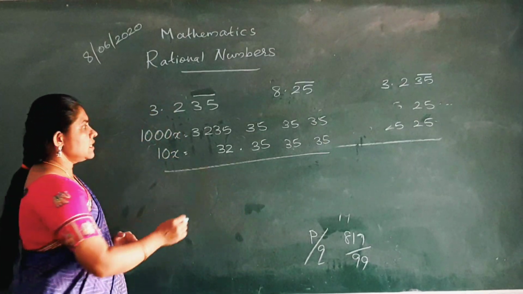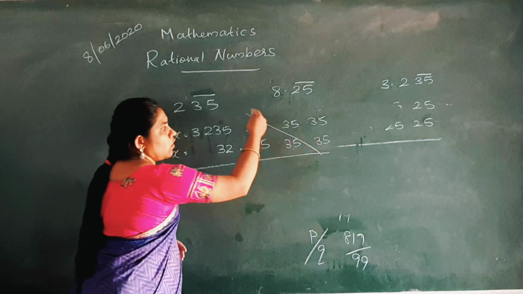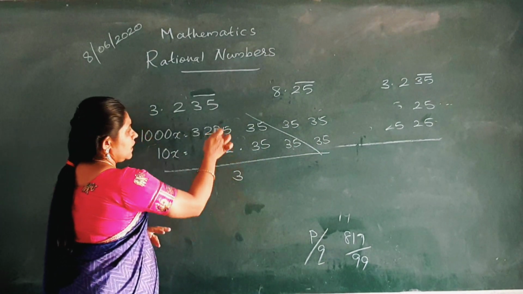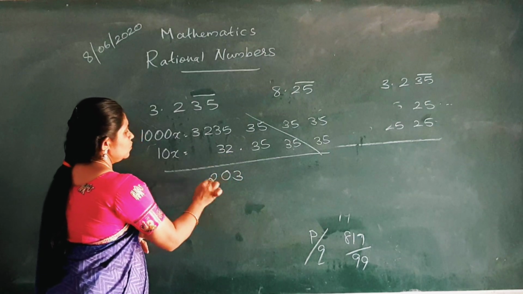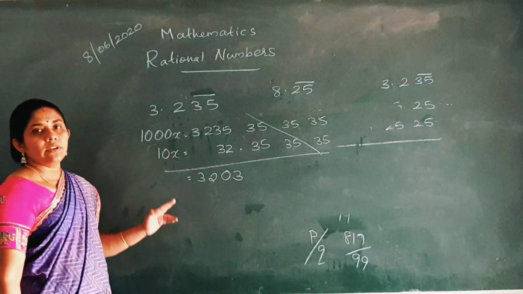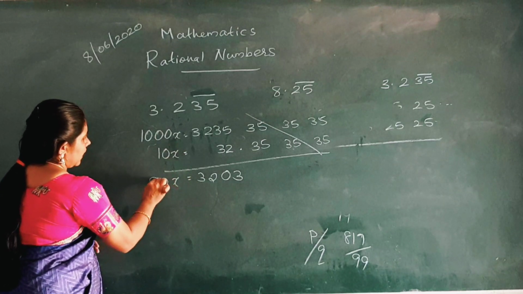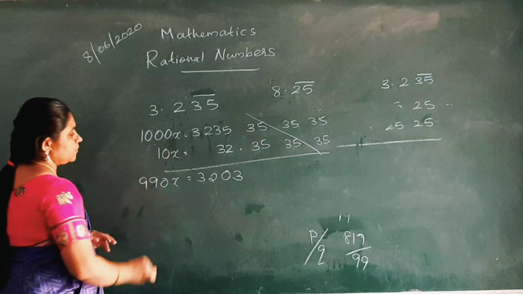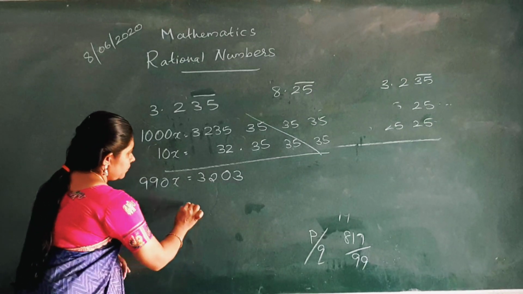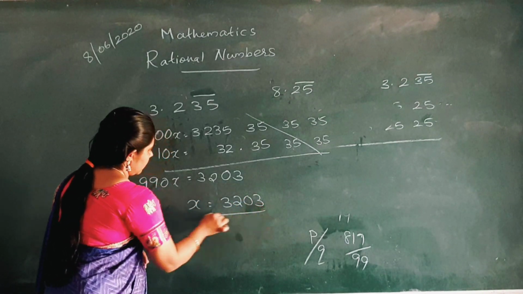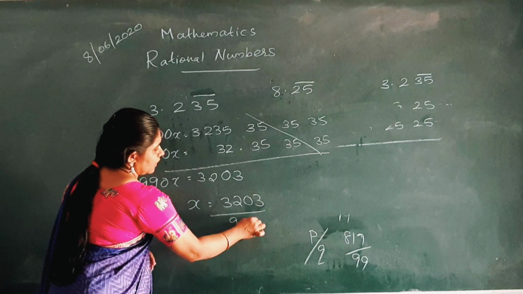Now the same process, subtracting. When subtracting, all these repeating numbers cancel: 5 minus 2 is 3, 3 minus 3 is 0. Now what do we get here? 990x. X is equal to 3203 divided by 990.